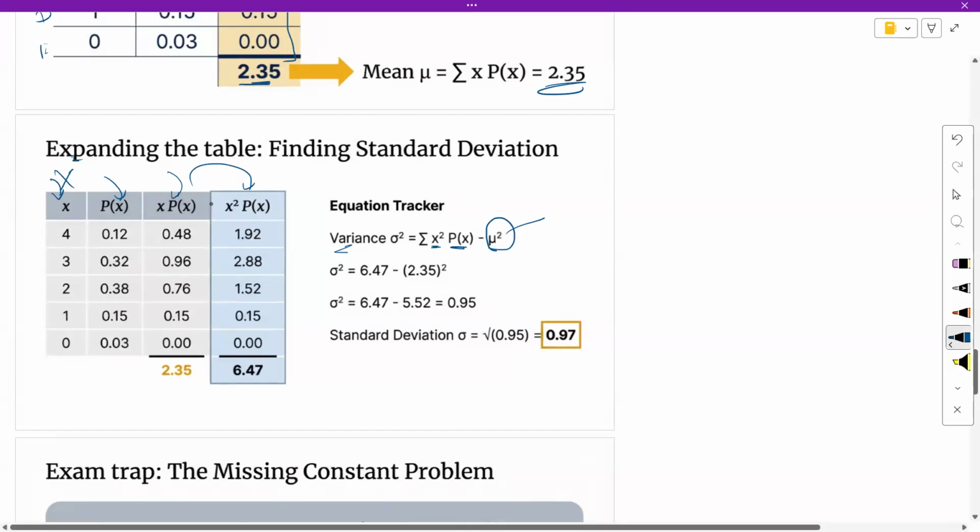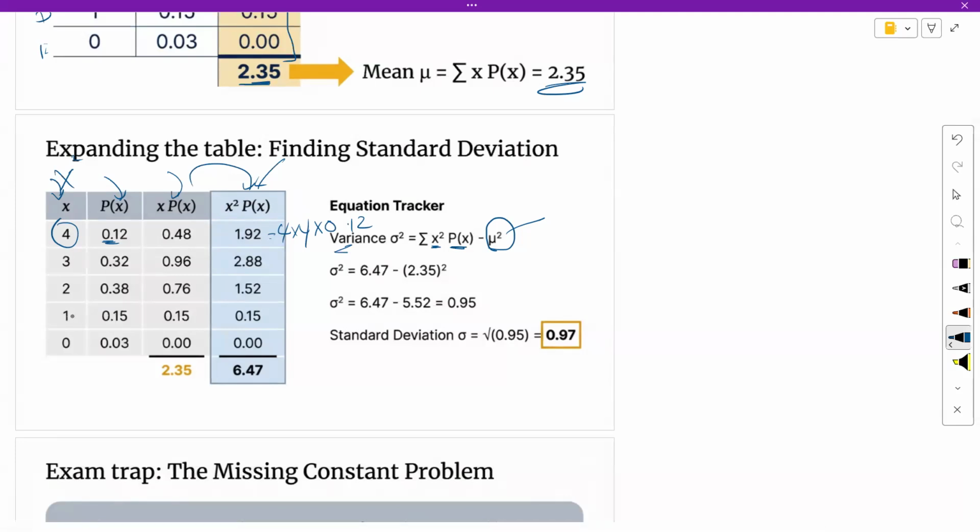How do you calculate this column of the table? Here x square, 4 into 4, and the probability of x is 0.12. Then we will get 1.96. Likewise, this is easy. 1 into 1 equals 1, into 0.15 equals 0.15.